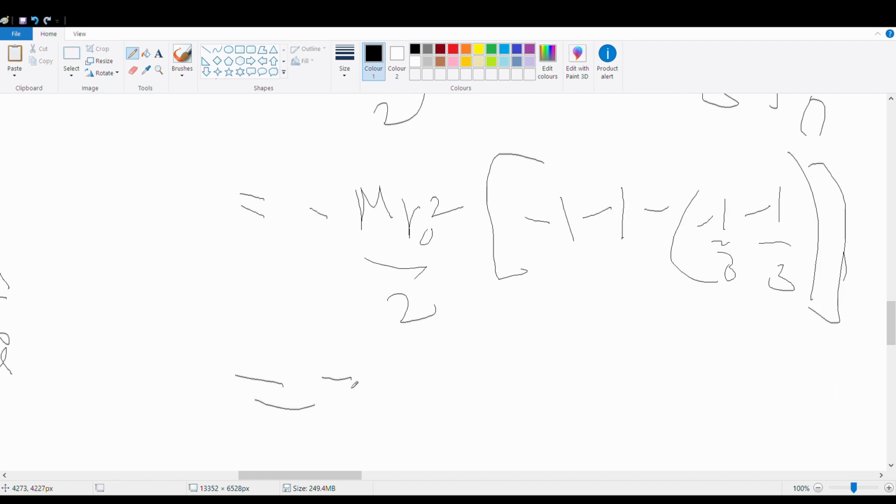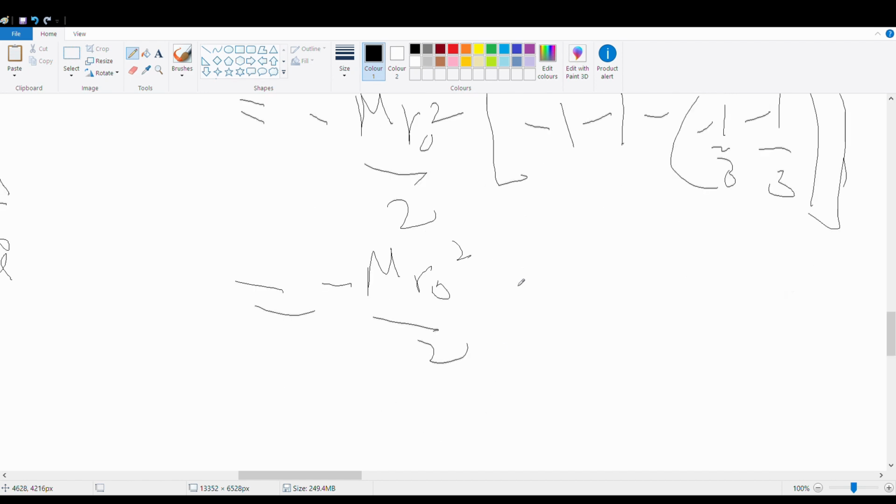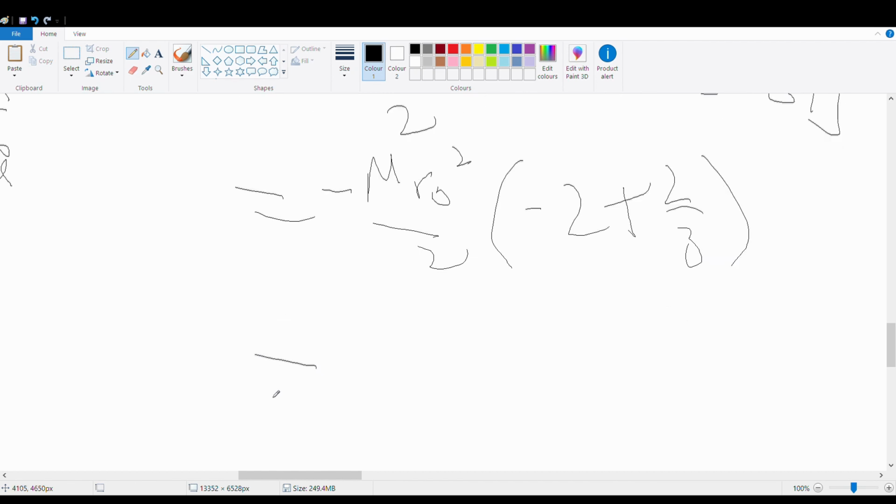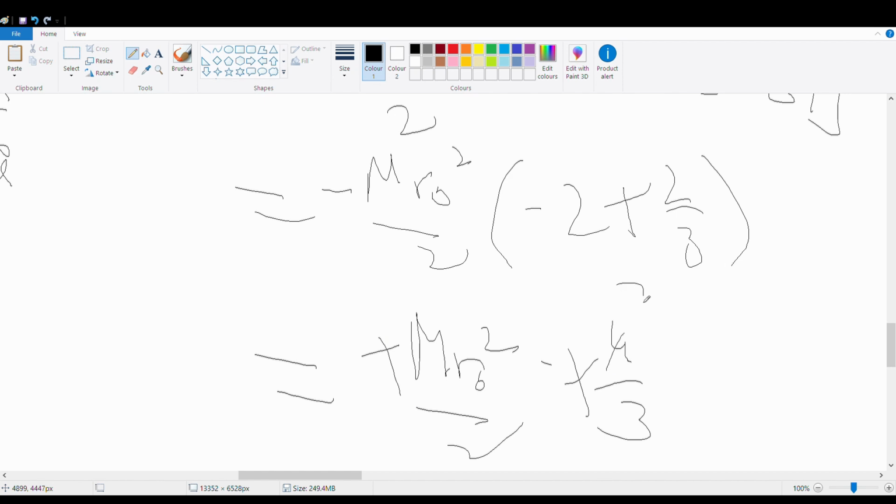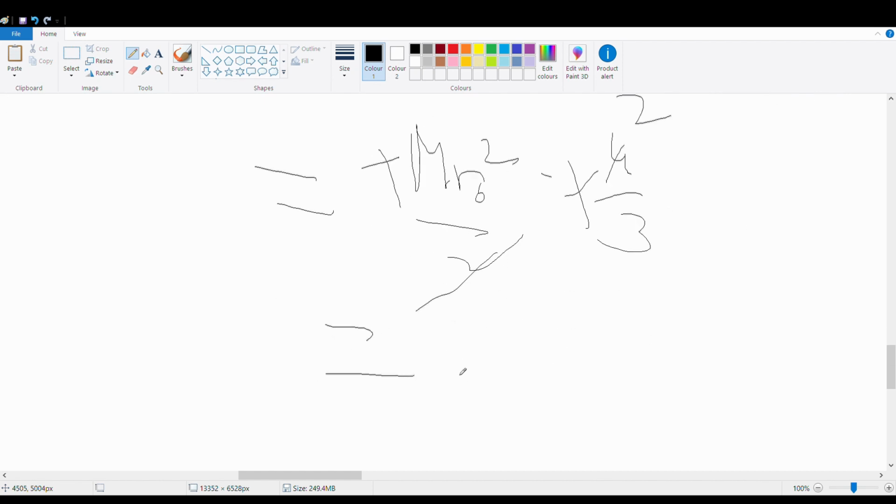So you'll write this as minus m r naught square by 2 into minus 2 plus 2 by 3. That's the same thing as minus m r naught square by 2 into minus 4 by 3, and the 2 cuts. So we have 2m r naught square by 3.